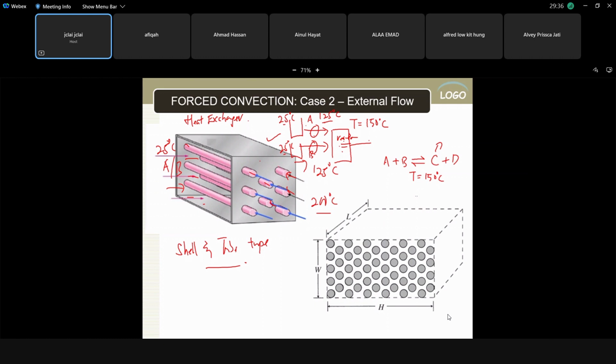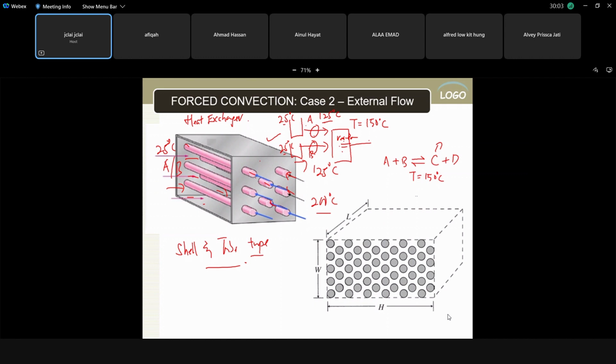Okay, so this is what will happen in a heat exchanger, and this is what you are going to learn in the next topic. So that's why we expose you to heat exchangers first. Okay, banks of tubes. Okay, so in your project, to complete your project on heat exchangers, one of the steps is to calculate this.